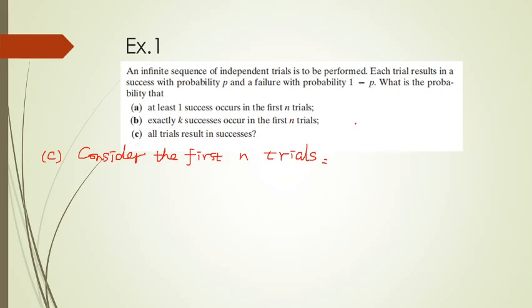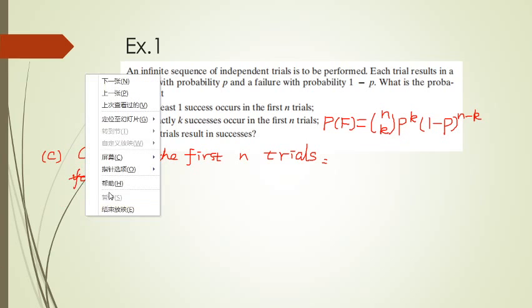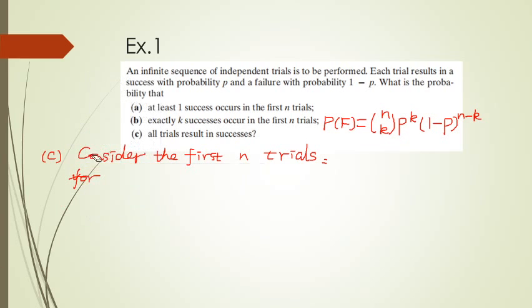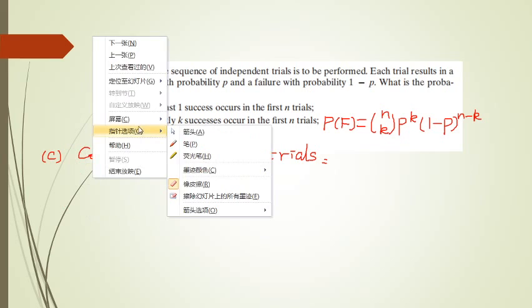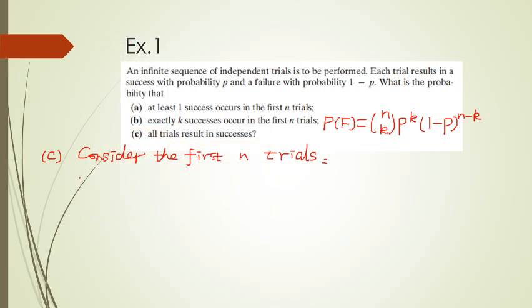So according to part B, the answer is n choose k, p to k times 1 minus p to the exponent n minus k. This is the case for part B. This is the case when k equals n, if we have n successes.